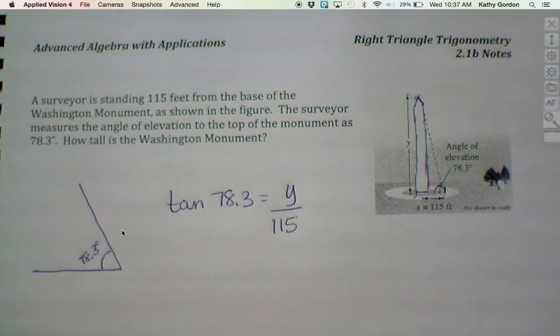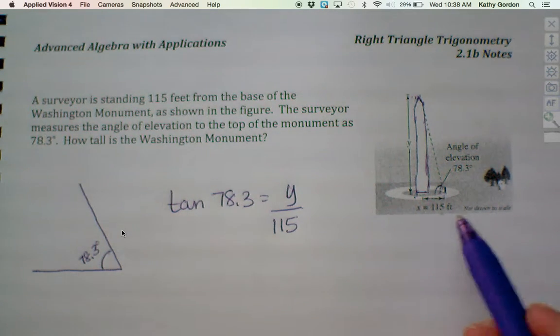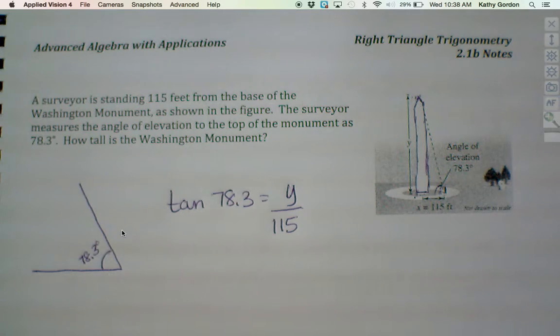And so then I can create a right triangle using line of sight and things like that to figure out something that I don't know that would not be easy to just climb to the top of the monument and drop a tape measure down, right? We're not going to do that. So by using the trigonometry, we can find this height without actually having to measure the height in some way. We can measure something more reasonable, like how far away from the base he is.